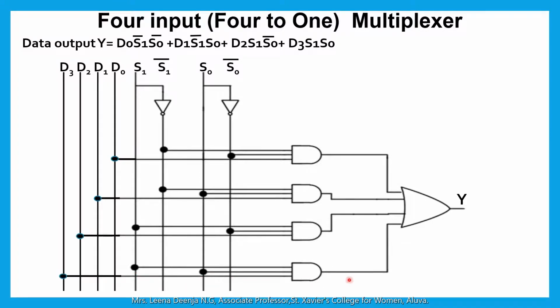So the output is D3 S1 S0. All the outputs of these 4 AND gates are connected as the inputs for the OR gate. So the output Y will be equal to D0 S1 bar S0 bar or D1 S1 bar S0 or D2 S1 S0 bar or D3 S1 S0.